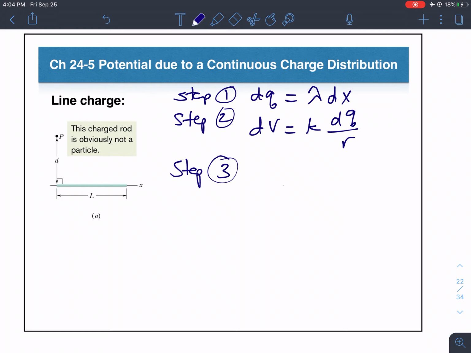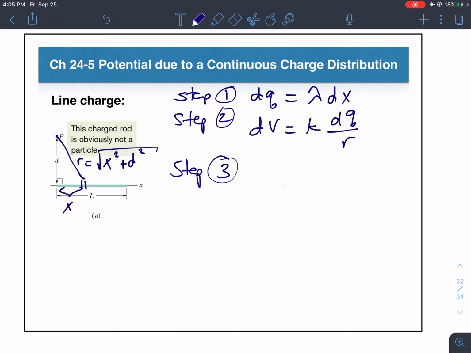Step 3 is using some geometry. Again, let's take some arbitrary distance here, and we will say that this is r, this is x, and r becomes the square root of x squared plus d squared.